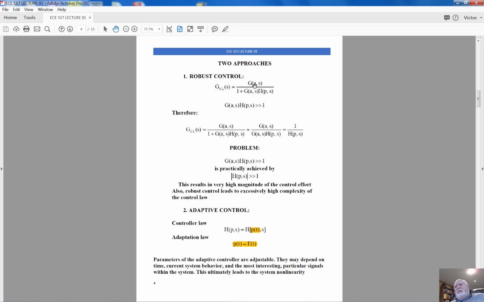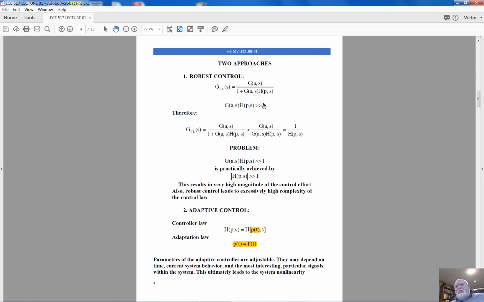A are parameters. In the denominator of the closed-loop system, you can see the transfer function of the control plant multiplied by the transfer function of the controller. Let me imagine that this product is much, much greater than 1.